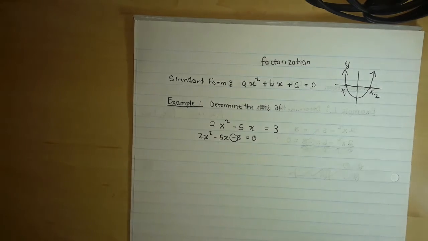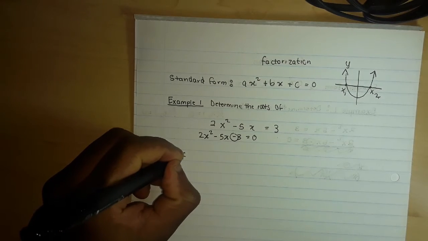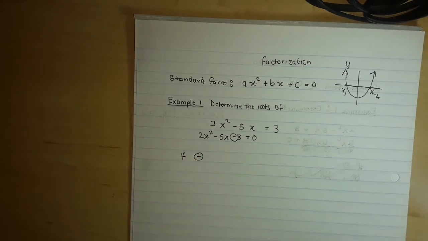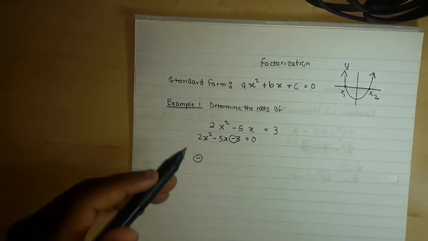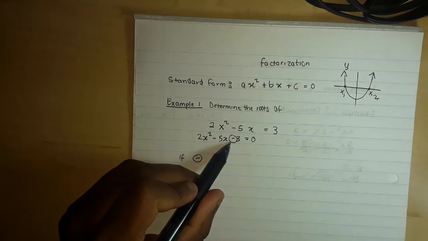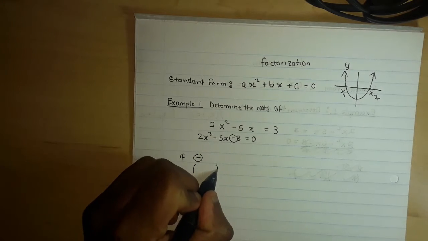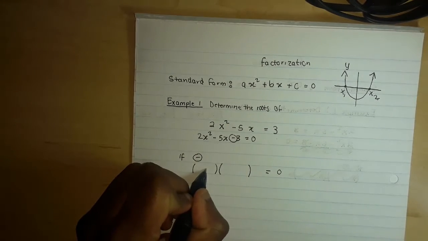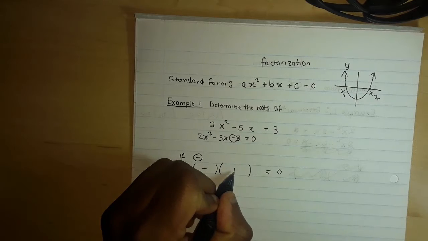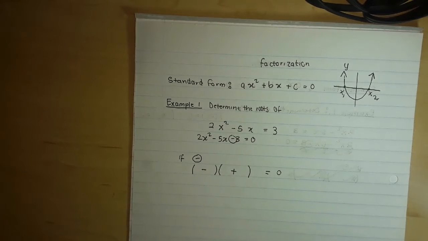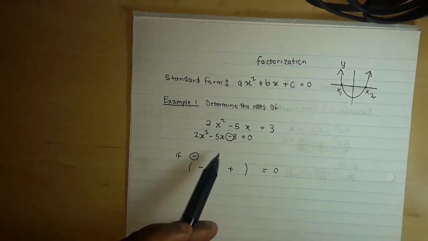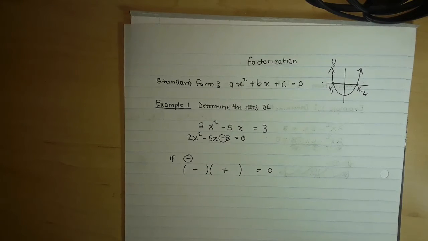If the sign of the last term is negative, we won't look at what happens when it's positive, we'll look at that a bit later. For now, you should know that if the sign is negative, automatically the bracket arrangement will be like this: one will have a negative, one will have a positive. Bear in mind that this changes if the sign is positive, but we won't discuss that for now.